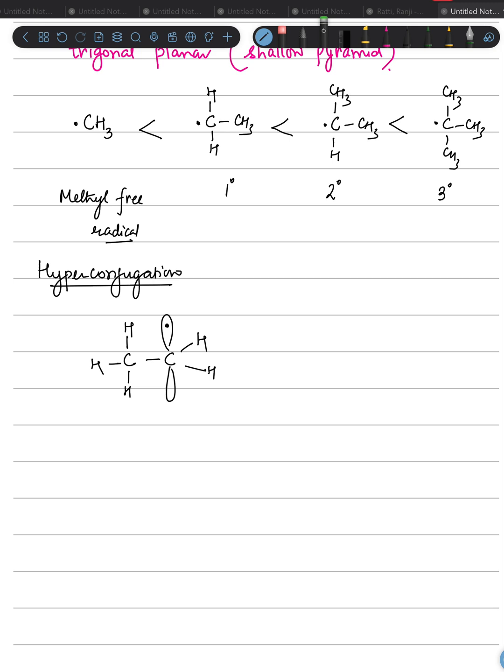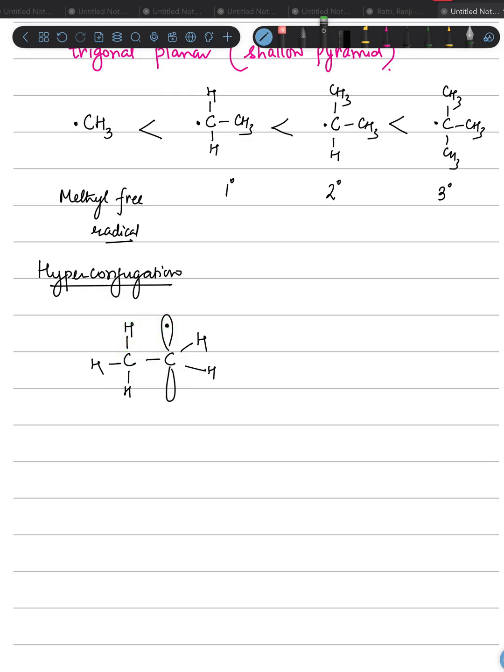So in this particular structure, this odd electron belongs to this carbon, right? But since this carbon-carbon bond is free to rotate, these electrons lie in one plane. So these sigma bond electrons can be donated to this p orbital to form a pi bond. What does this mean? One of the electrons from this bond, and the other from this bond, can form a double bond, while this hydrogen would have the odd electron now.